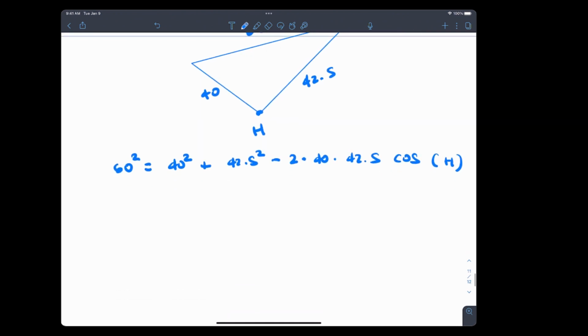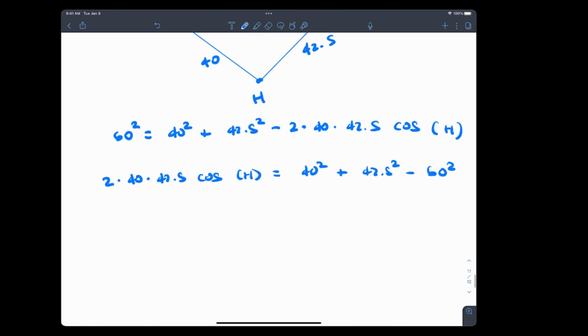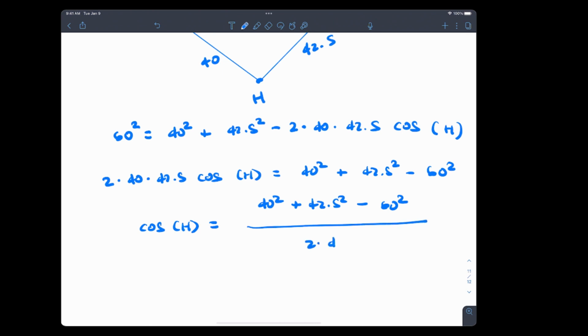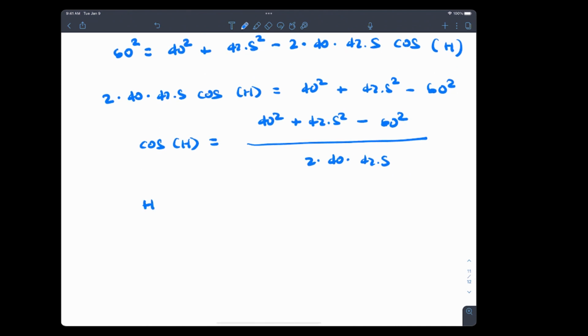So when you do your algebra, cosine H will give you 40 squared plus 42.5 squared minus 60 squared, everything over 2 times 40 times 42.5. So your H, and that's angle H, is going to be your what?